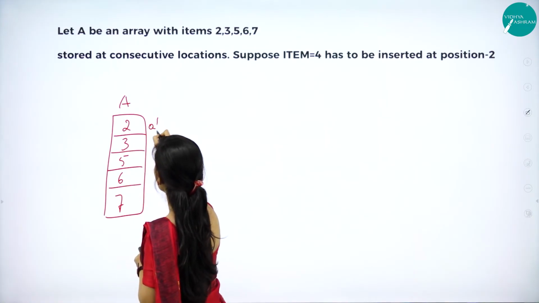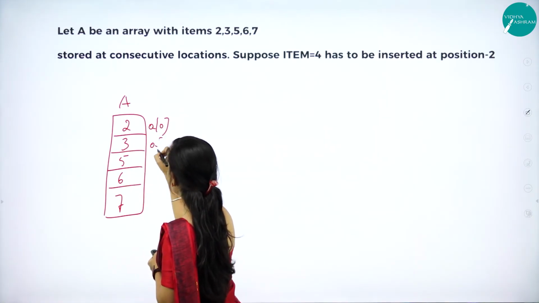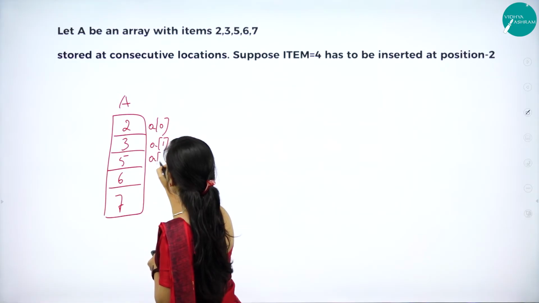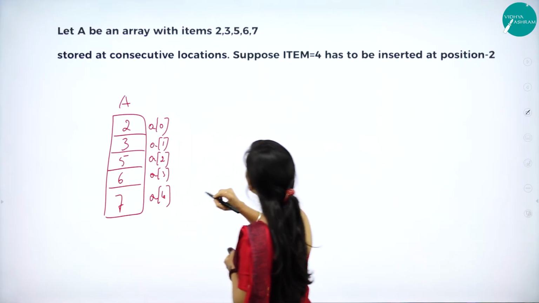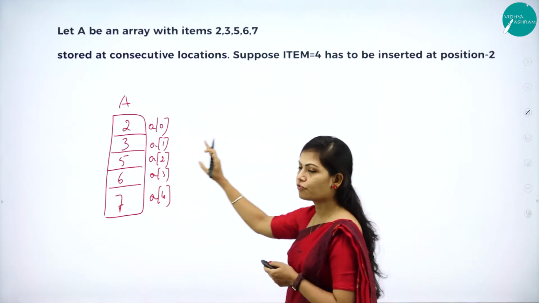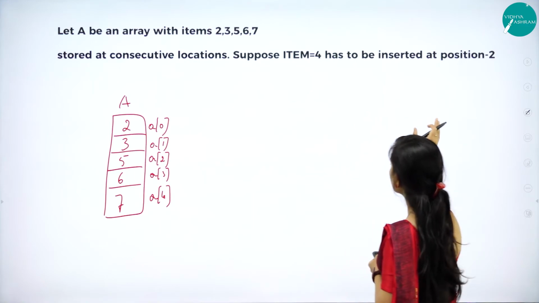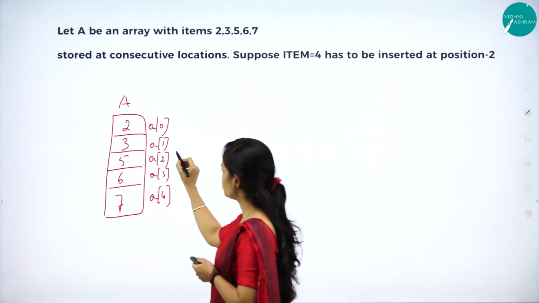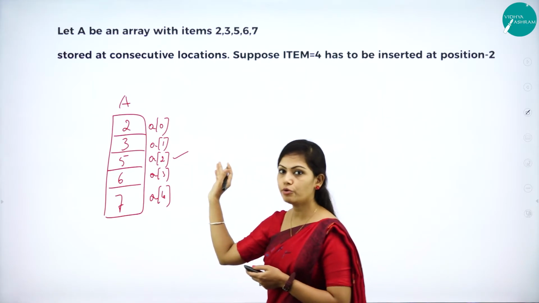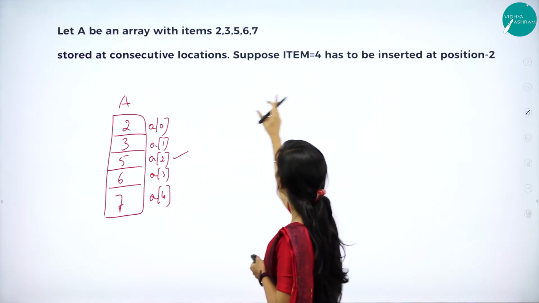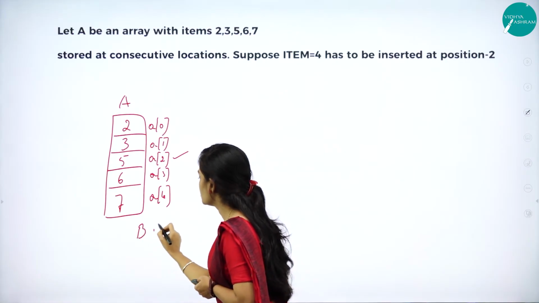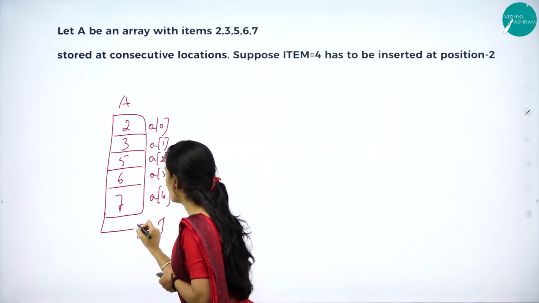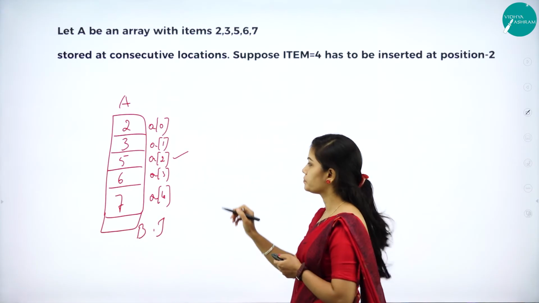This is A of 0, A of 1, A of 2, A of 3 and A of 4. Item is equal to 4 has to be inserted at position A of 2. In this position we have to insert an element called 4. So this is before insertion. You can allocate one more position.